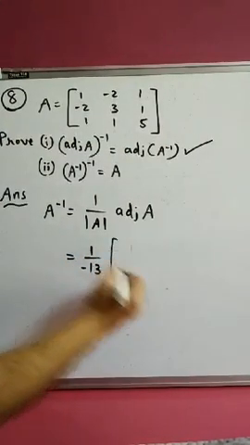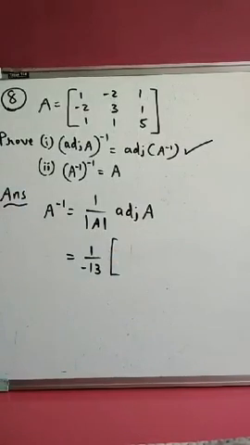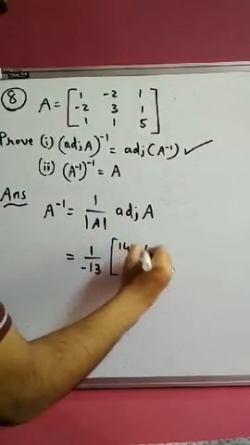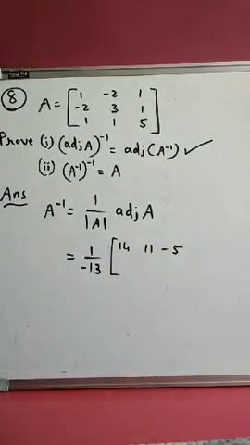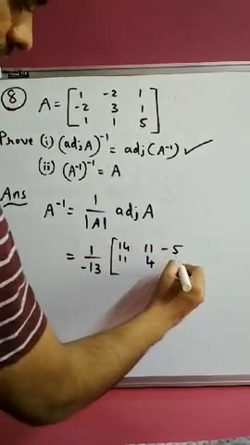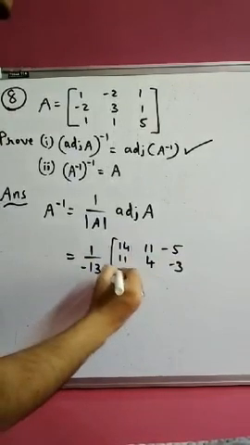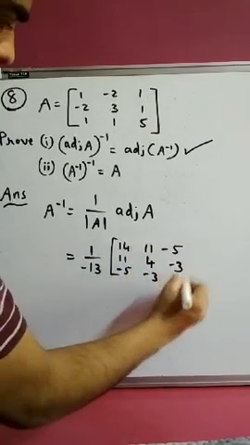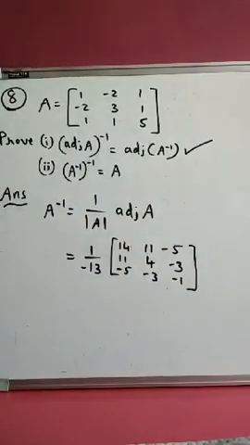And adjoint of A, if you find it, you will get 14, 11, minus 5, 11, 4, minus 3, minus 5, minus 3, minus 1. So this will be your A inverse.